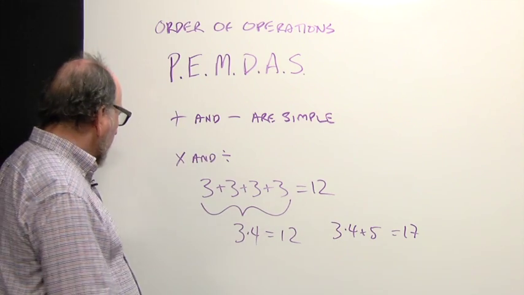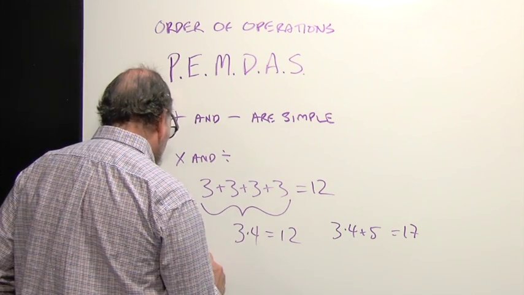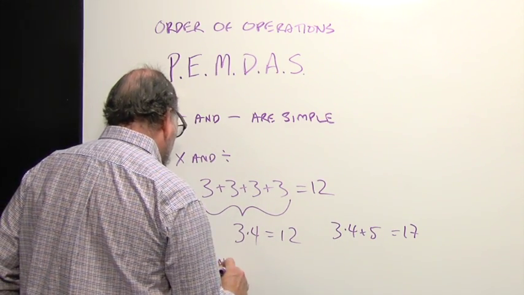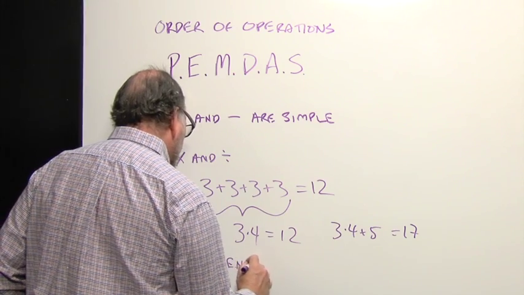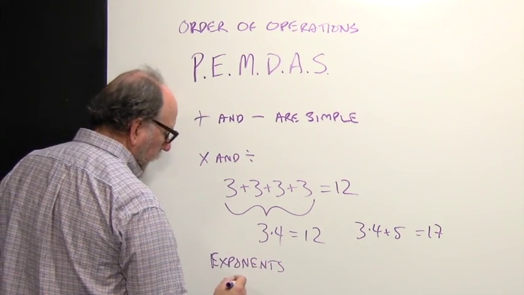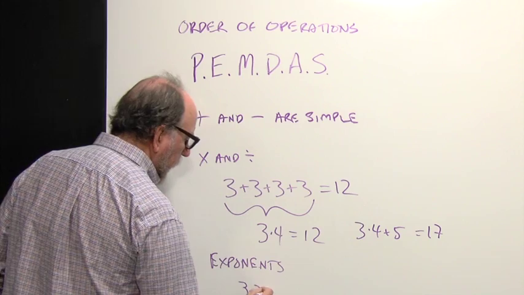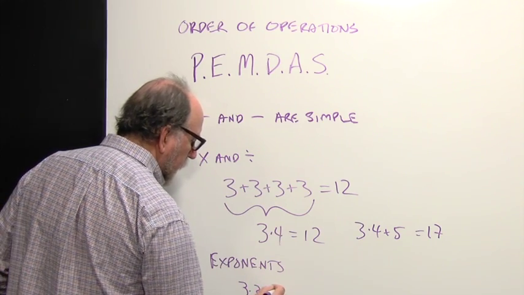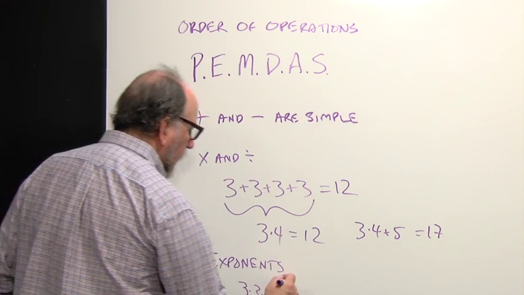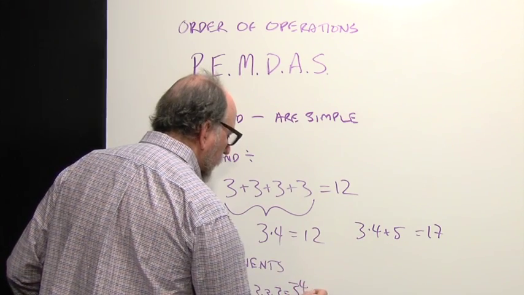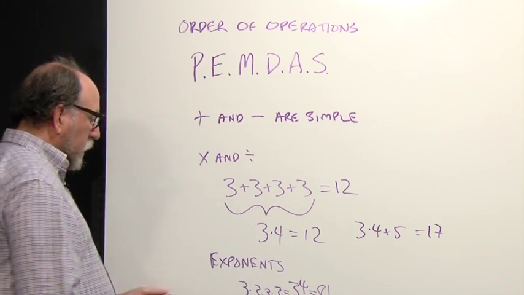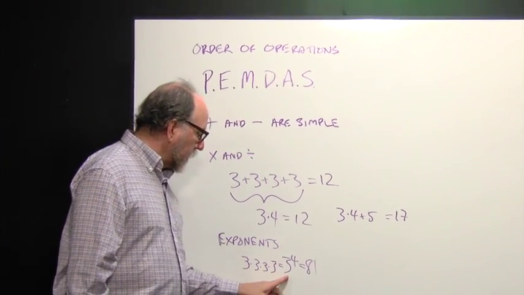By the same token, exponents, and you may remember more fully that exponents are like 3 times 3 times 3 times 3 is written 3 to the 4th, which calculates out to be 81. We could multiply all those 3's together and get 81.